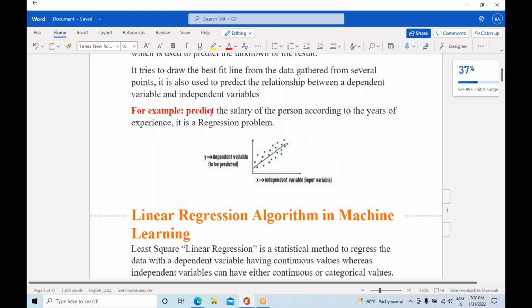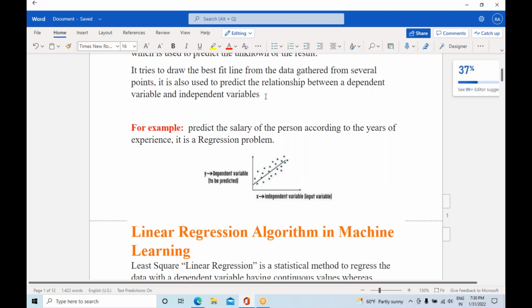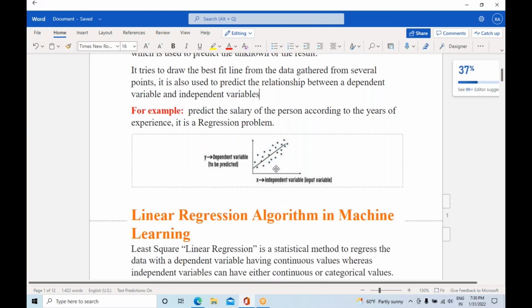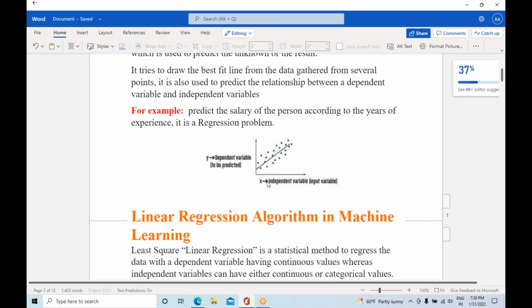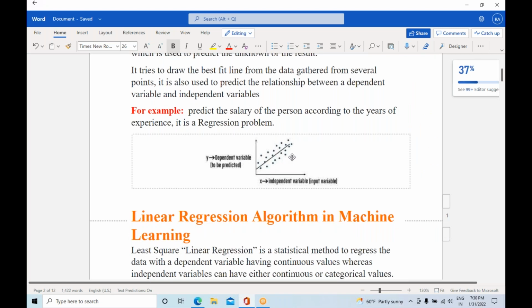Oh, just a minute, guys. Control chat. Yeah, so it is a regression problem. Let me take a small example. You can see this particular graph.